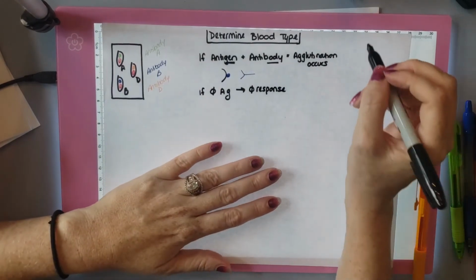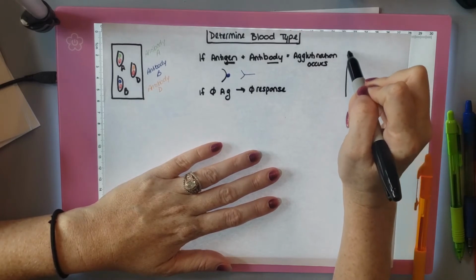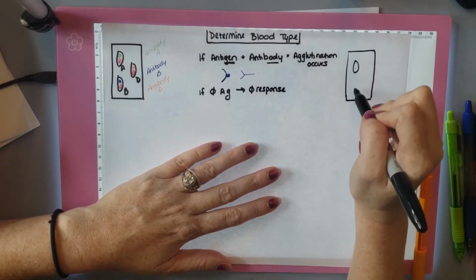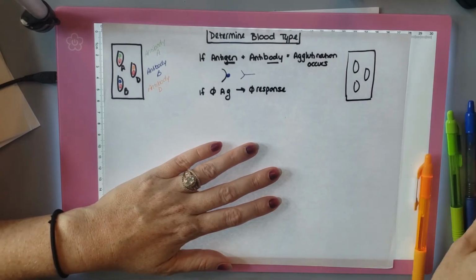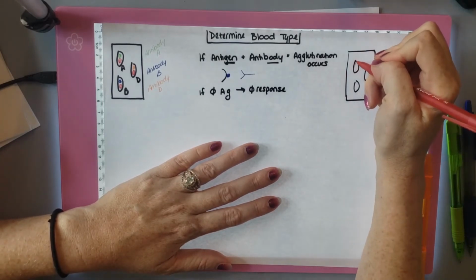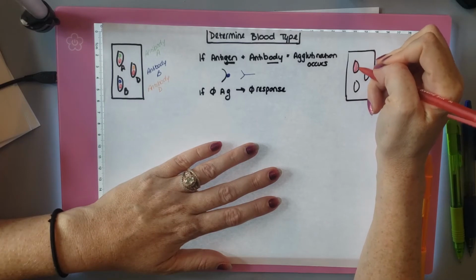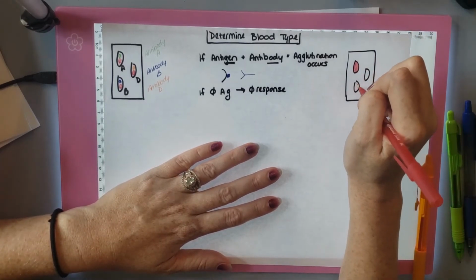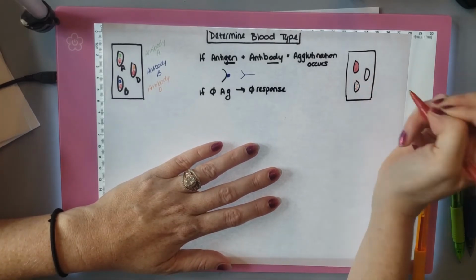One of two things will happen. You're either going to get a nice, smooth response, which will look like this, or it's going to look more like this.